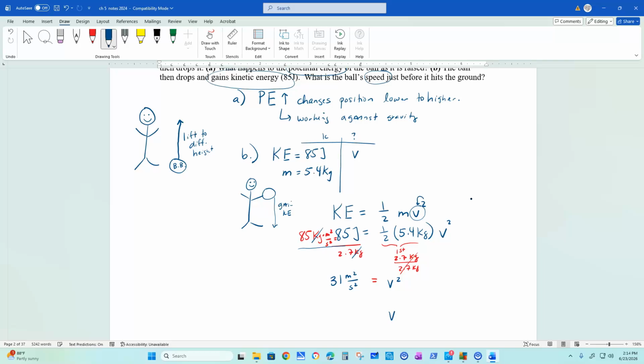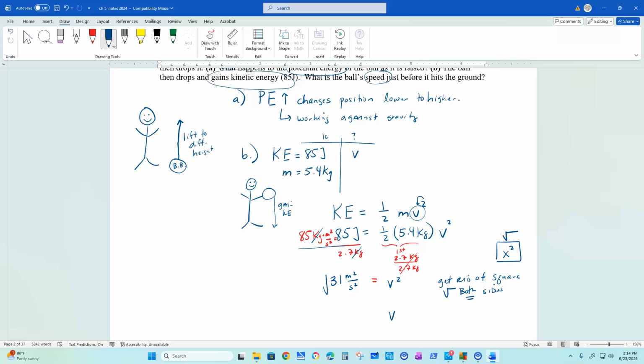Now I need velocity. Okay, so to get rid of a square, you take what's called the opposite. So if you look on your calculator, you have a square button. Right above it is something called square root. So to get rid of the square, you have to square root, but here's the kicker, both sides. Okay, you know I will always teach you the math.